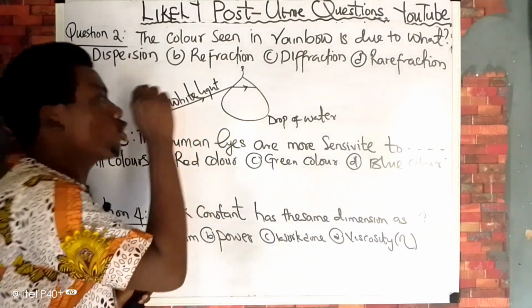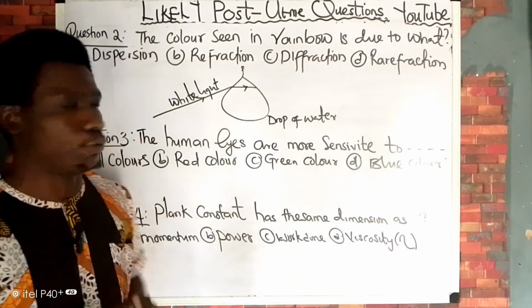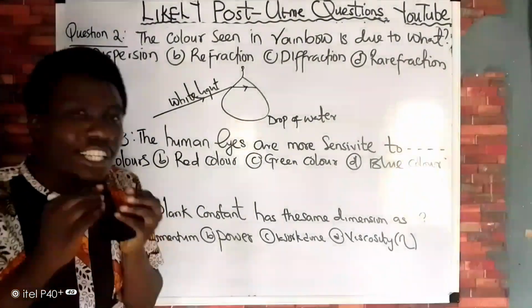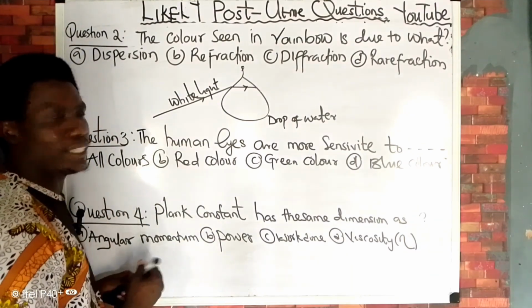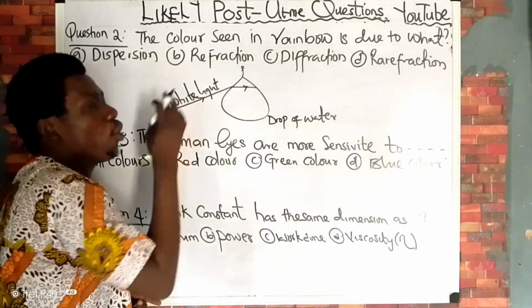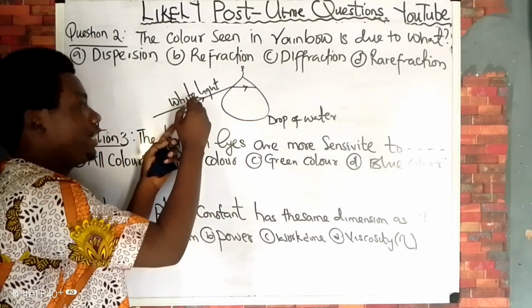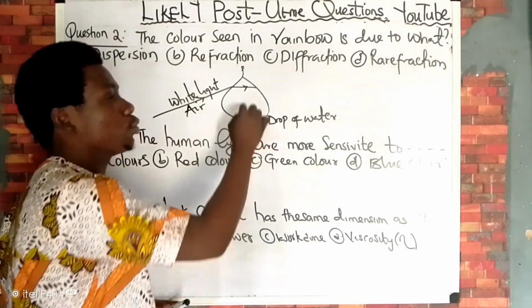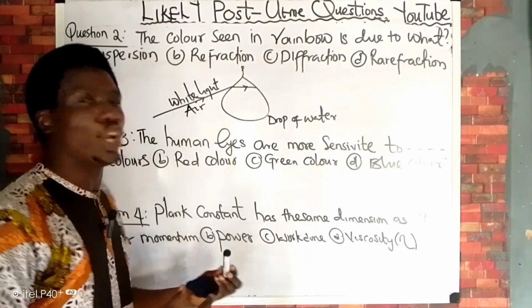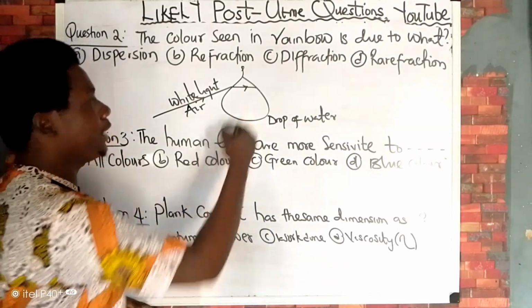Why? Because these colors of light do not have the same speed in water, even also in glass. What do I mean? I'm trying to say that the colors of white light combine together in air. But as soon as they get into another medium, such as water and glass, the colors will be separated. And this is what is going to happen.